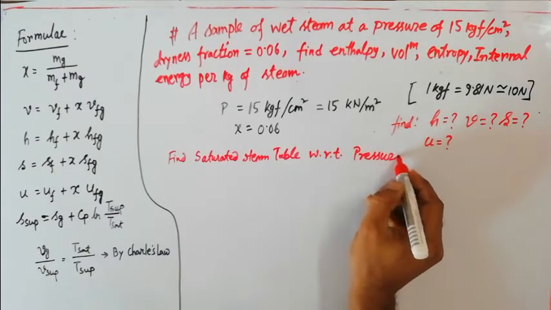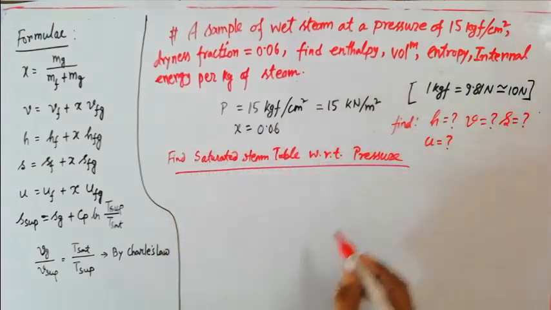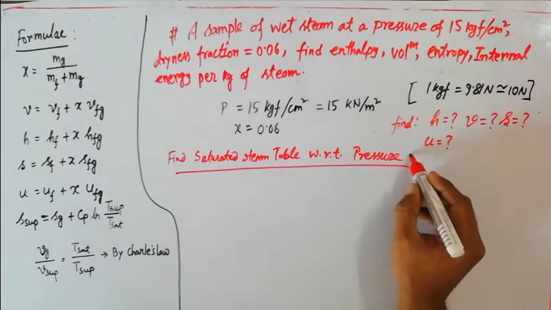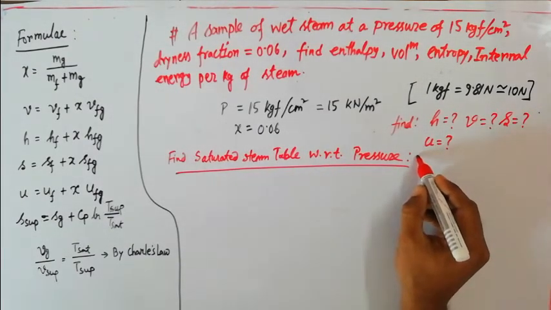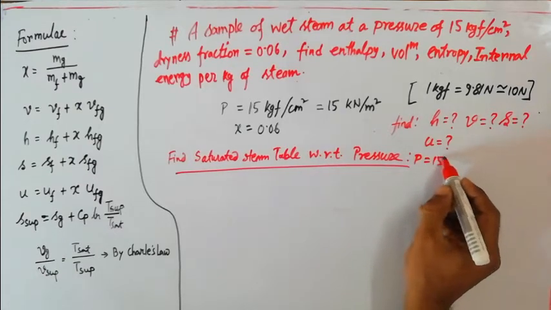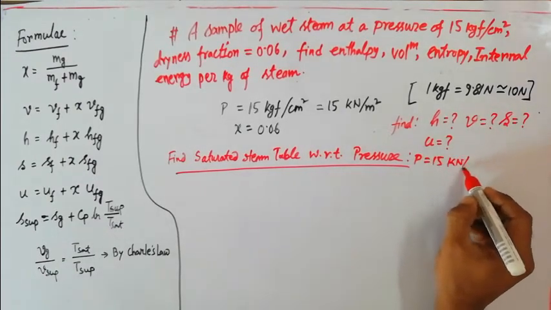So the pressure table you have to find, with respect to P equals 15 kilonewton per meter square.